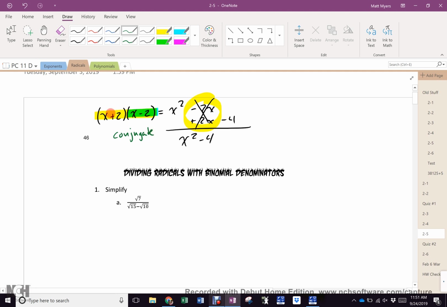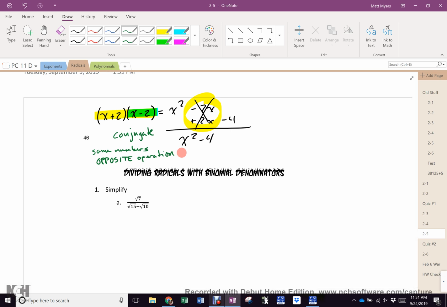Okay? A conjugate is simply the same numbers, opposite operation. All right? And we already know that. We've seen that before. Yeah?